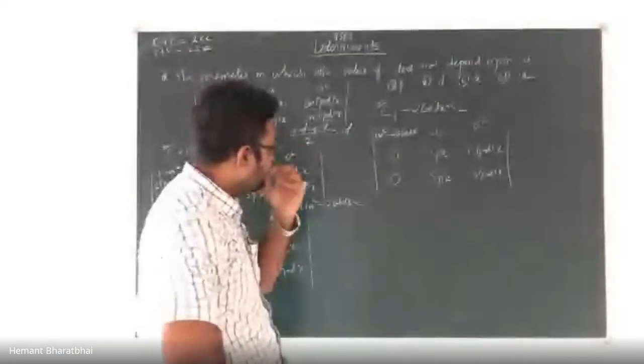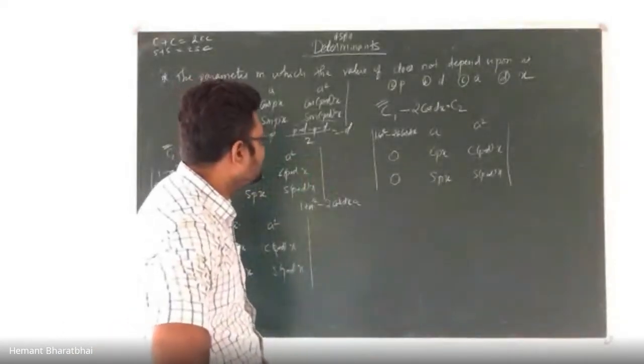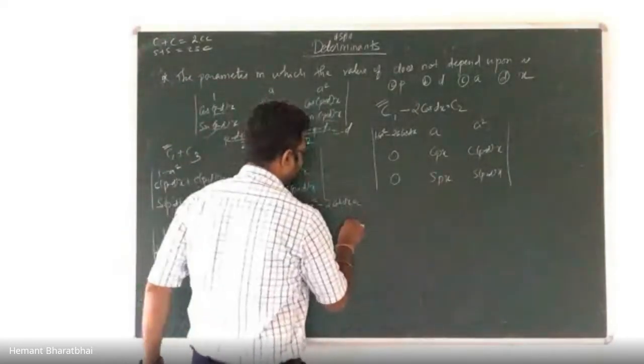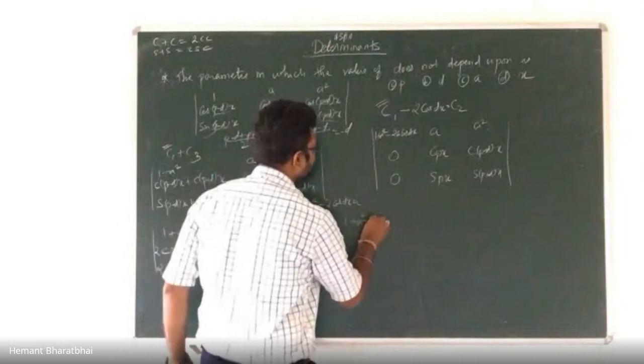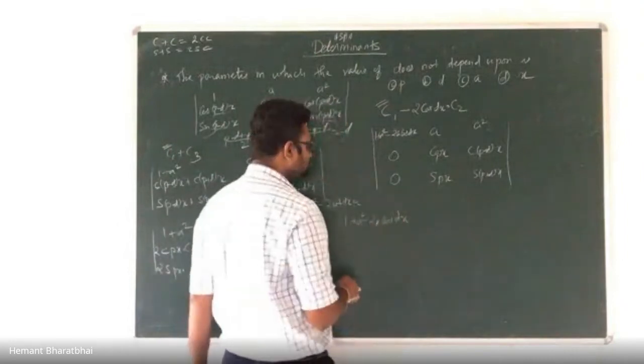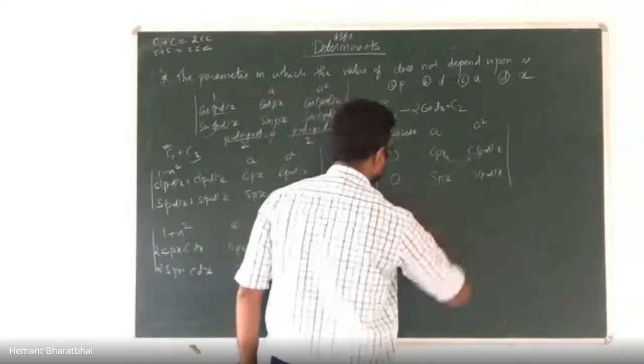Okay. So now even if I am having two zeros, I can take the determinant. So 1 plus a square minus 2a cos dx into, I am taking the determinant, this into this.